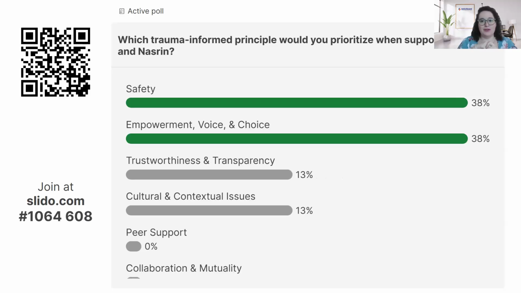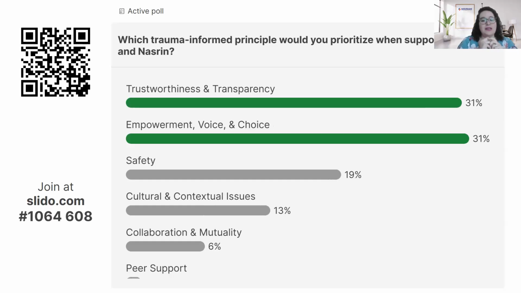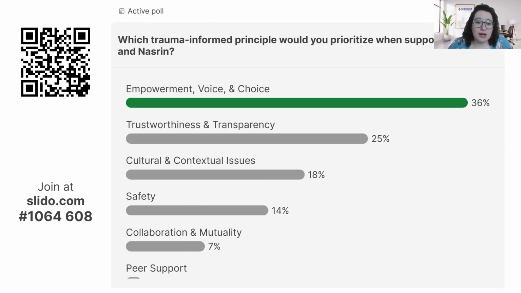Okay, we're going to let a few more folks vote. Absolutely. So seeing a full spread of these is helpful because different service providers, depending on what kind of program we work in, are going to emphasize these in different ways. But I'm seeing a lot about empowerment, voice, and choice, which I would totally agree with.